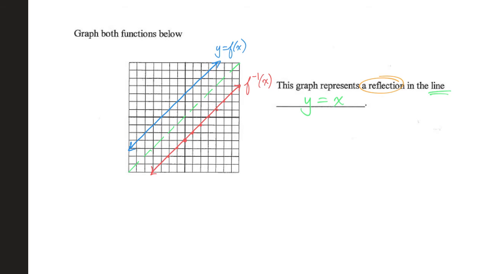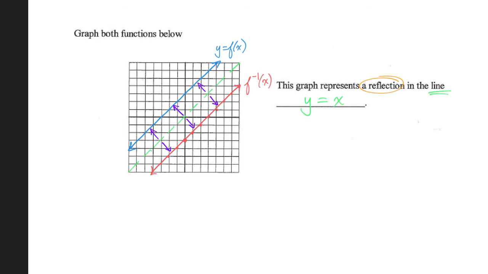I can confirm that because I notice that everywhere on the other side of that green line, my blue line and red line are equidistant, the same distance away. Okay, there we go. We now have our reflection, and we can interpret the result of an inverse graphically. It has to be a reflection in the line y equals x.